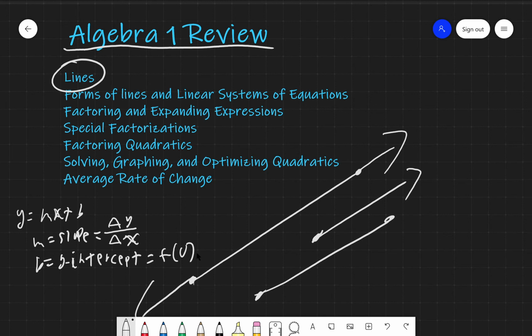And this is y. Y is equal to f of x. F denotes a function. It's a function with input x and it outputs y. And so f of 0 means that you input 0, so you're gonna get b, right? Because x is 0, so 0 times m is 0, so you're left with b. These two are equal. Cool.